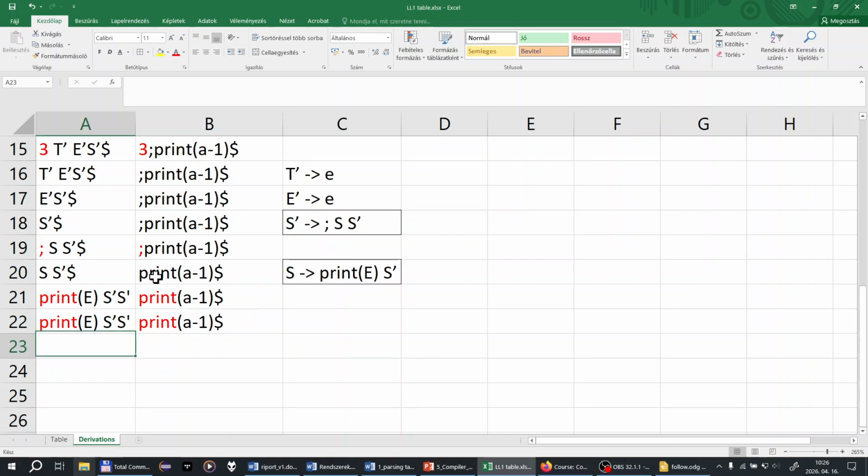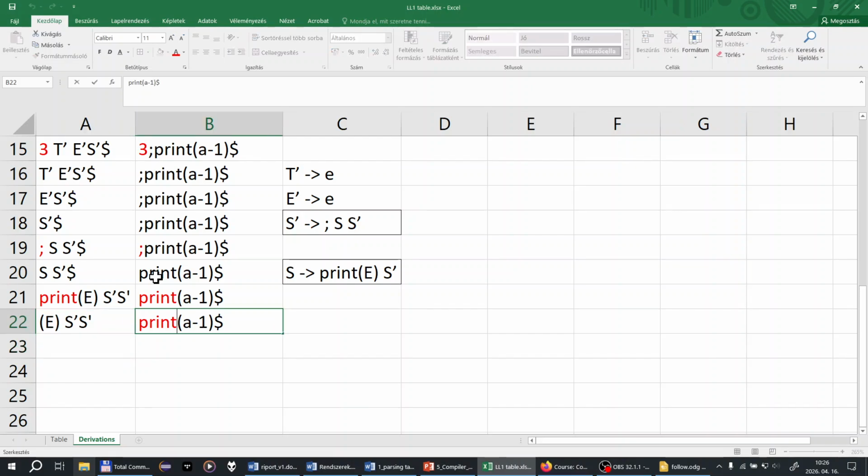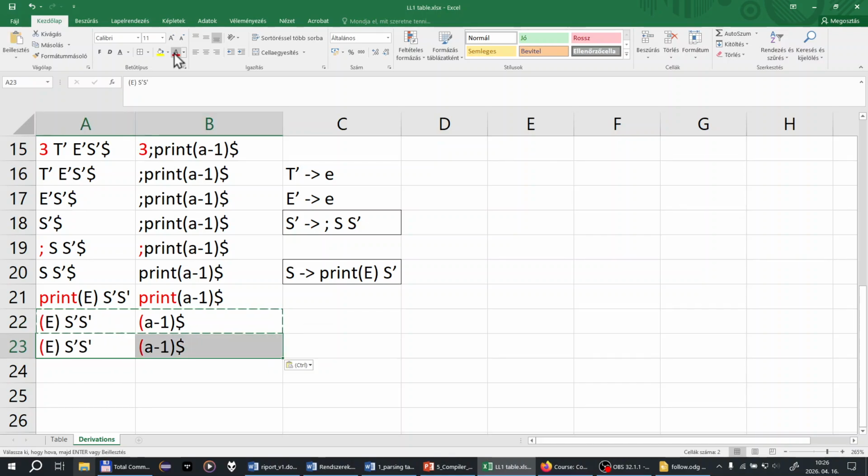Then we have E in brackets and these, and then we can eliminate the opening bracket as well. Okay, and then we have just the E and A at the beginning of the input.